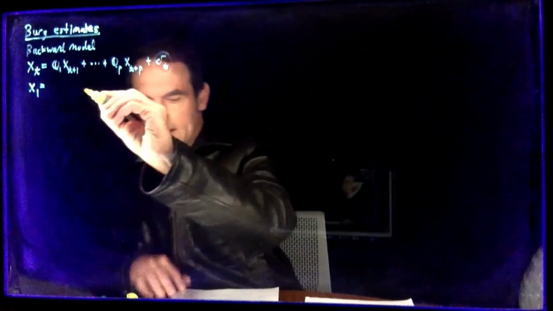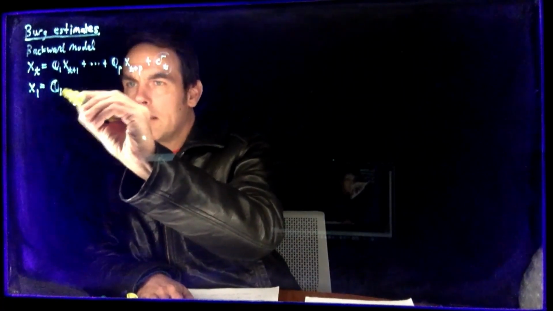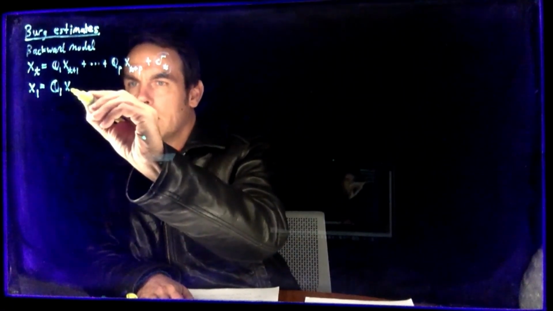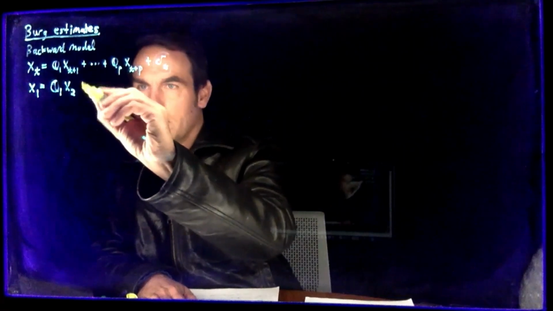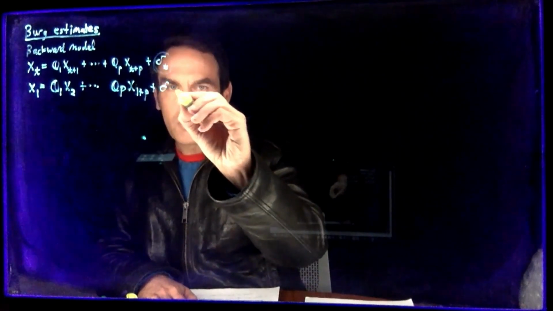So that is our new model. Let's list out some terms. If t is 1, we have x sub 1 equals phi 1 times x sub 2 plus all the way out to phi p times x sub 1 plus p, plus delta 1. Let's go to the next term.